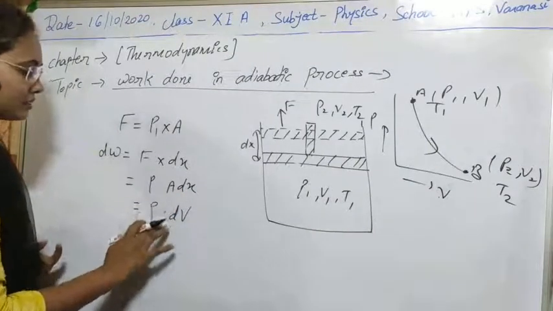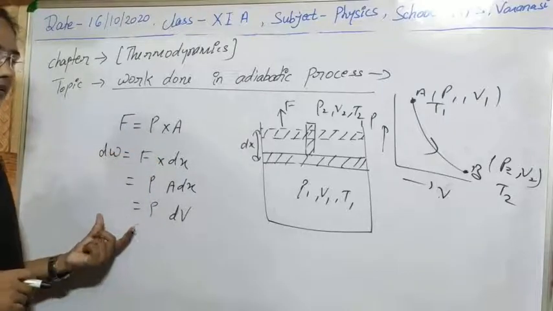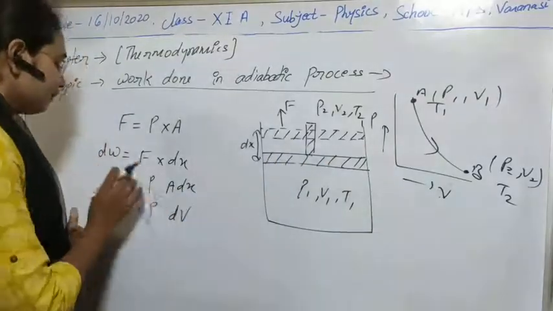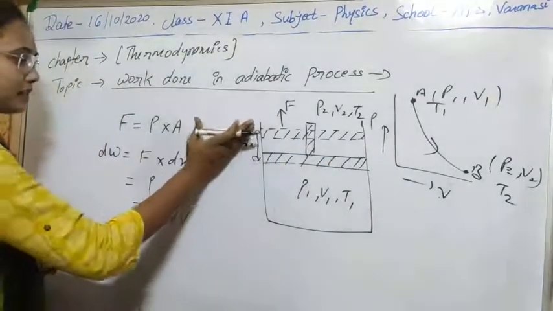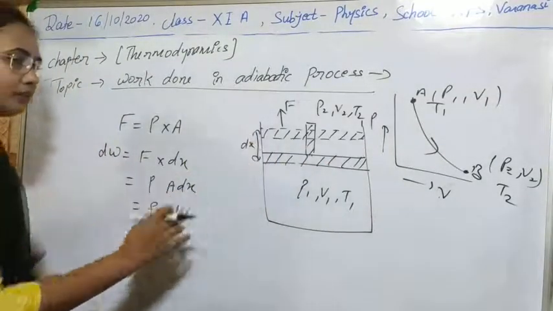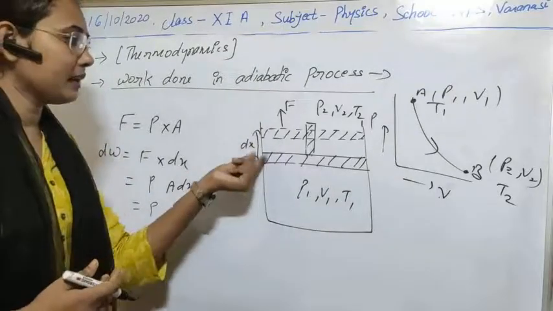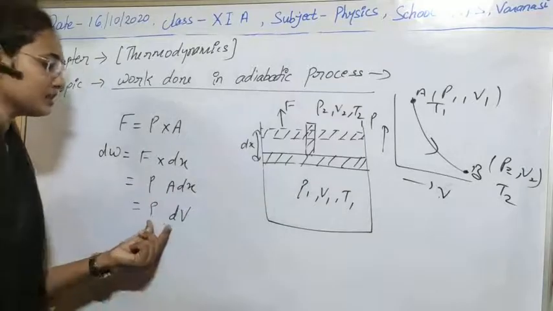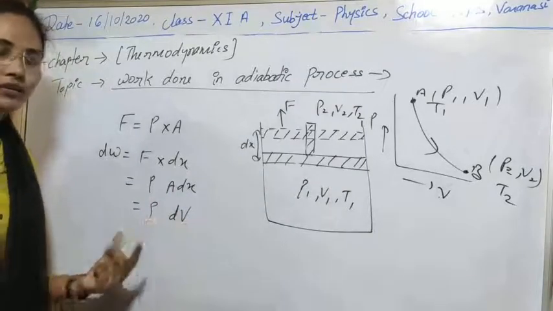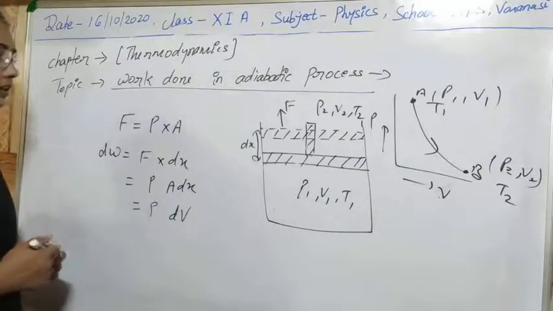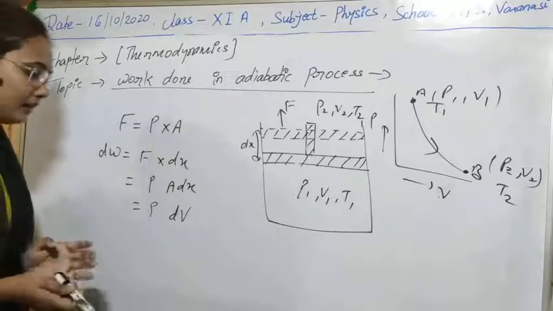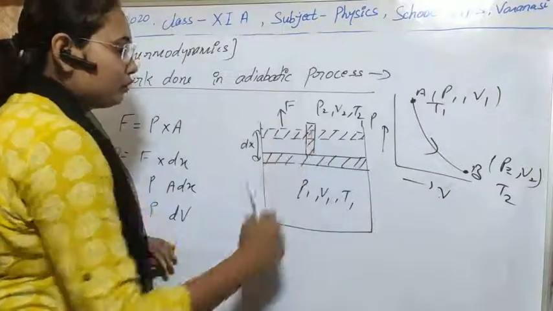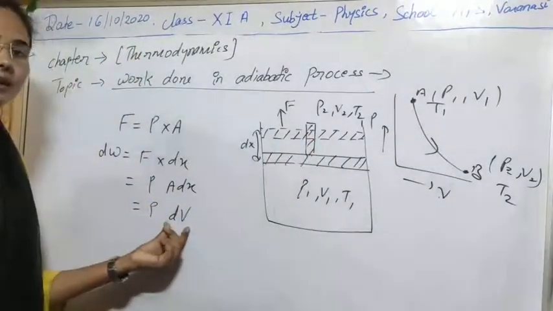For general calculation, suppose I take P as the general pressure on the piston. Then the work done to displace the piston, or simply to allow the gas to expand adiabatically, through a distance dx is this. Now we have to calculate the work done in changing the volume from V1 to V2, because here we are changing the volume by an amount dV.